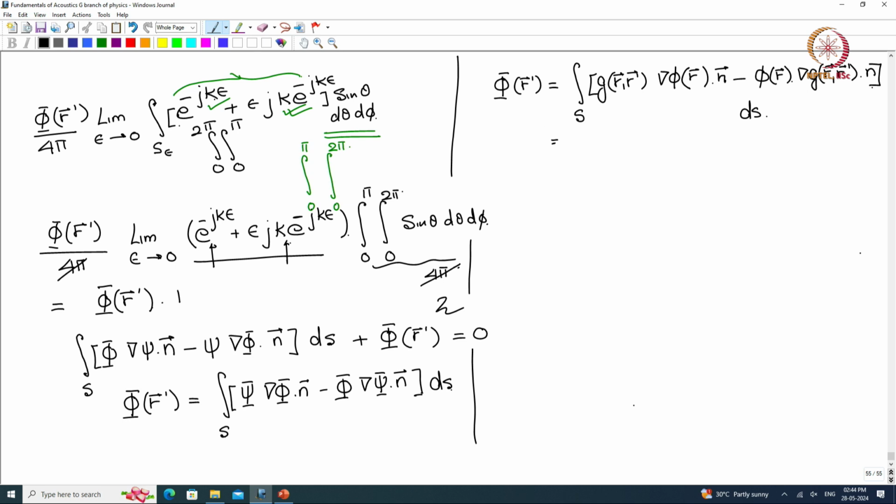So, to write it in a short way, I will not put all the arguments. G del phi del n minus phi del g del n, I will write it this way, ds.